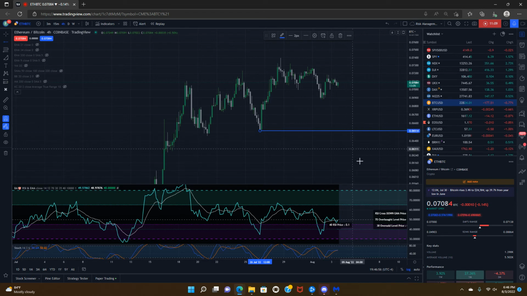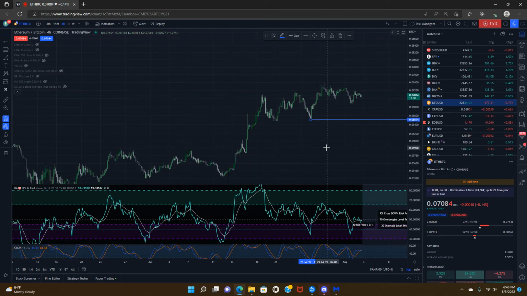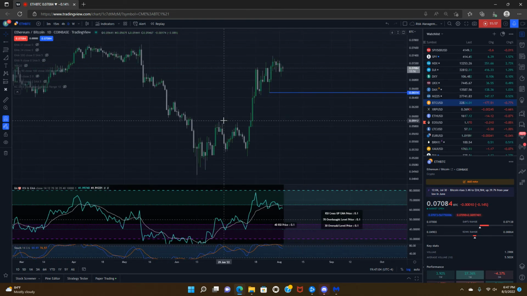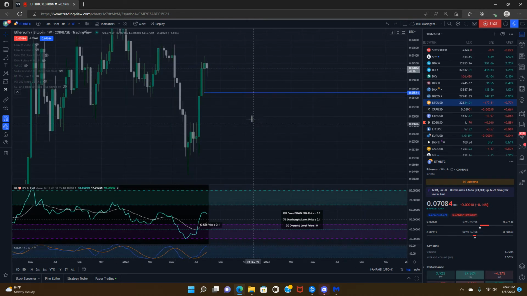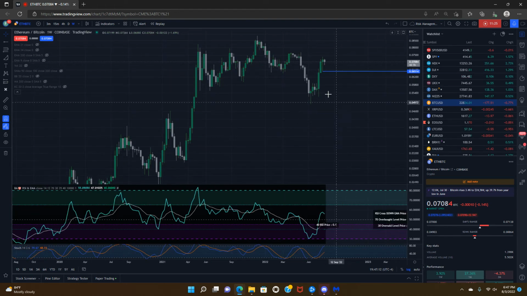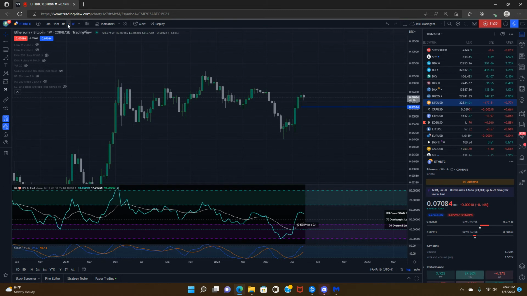Like if you get a 4-hour close below these lows right here, there's a high likelihood that you get a topping formation on the daily, and at the very least a retrace down to here. But probably with what's going on the weekly, retrace much lower lows. But again, you got to take one thing at a time.